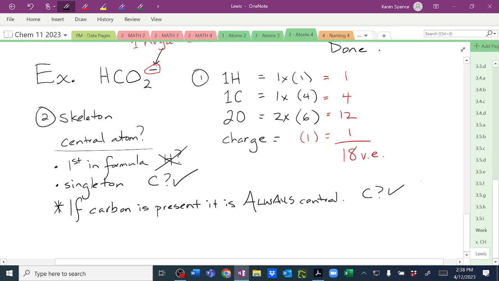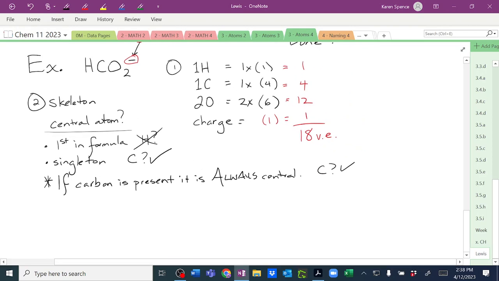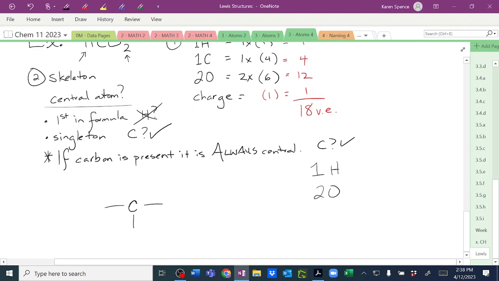So let's put carbon in the middle. And attached to it, how many atoms will be attached to it? There's going to be 1 hydrogen and 2 oxygens, right? So there's going to be 1, 2, 3 things attached. Does it matter if I put it on the top and the sides or no? Okay, I'm just putting them here. So I have 1 hydrogen and I have 2 oxygens.